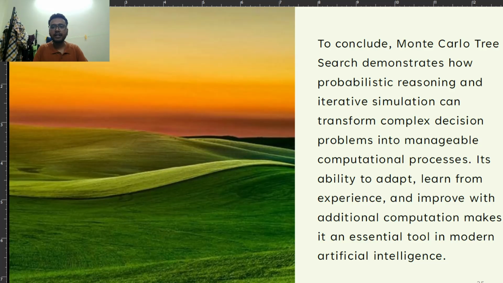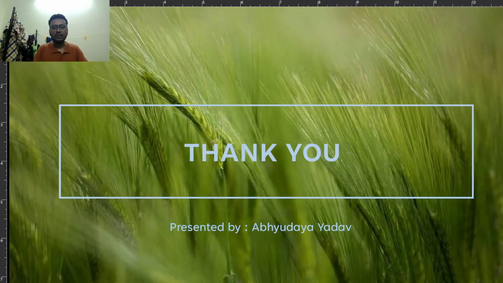To conclude, Monte Carlo tree search demonstrates how probabilistic reasoning and iterative simulations can transform complex decision problems into manageable computational processes. Its ability to adapt, learn from experience, and improve with additional computation makes it an essential tool in modern artificial intelligence. Okay, so that is all I have presented about MCTS.